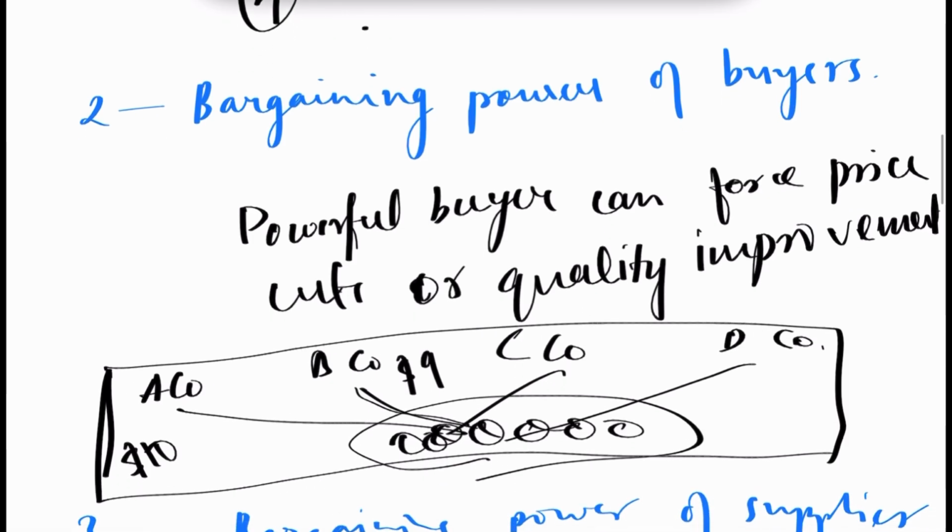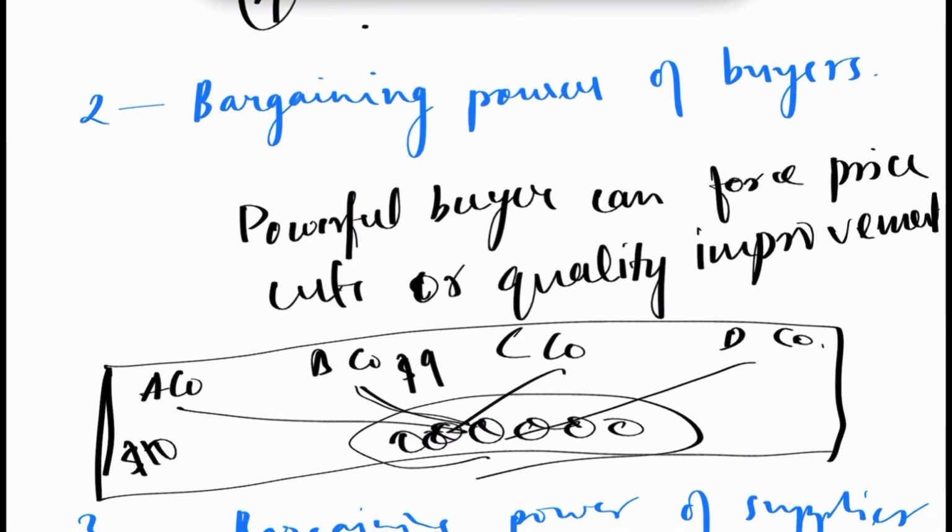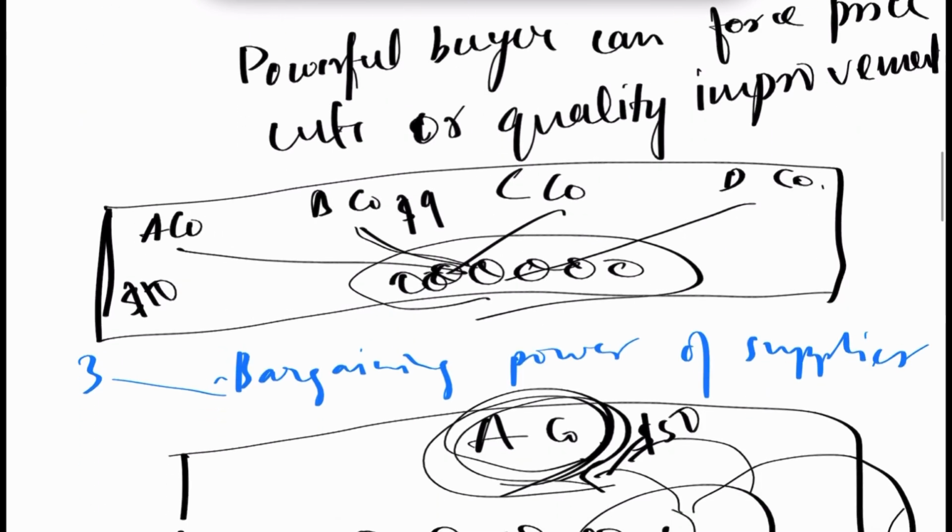Then next is bargaining power of buyer. The buyers have bargaining power as they can force price cuts and quality improvement. Okay, this means that in the same market there is A company, B company, C company and D company. If A company has the product at $10, and B company has the same product at $9, what will the buyers do? Buyers will purchase from B company, as there will be no switching cost and the buyers can switch to suppliers easily.